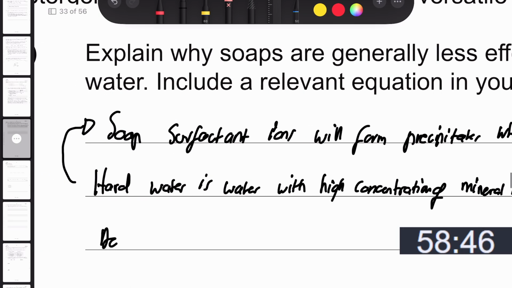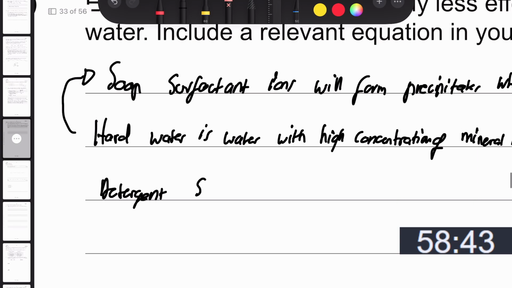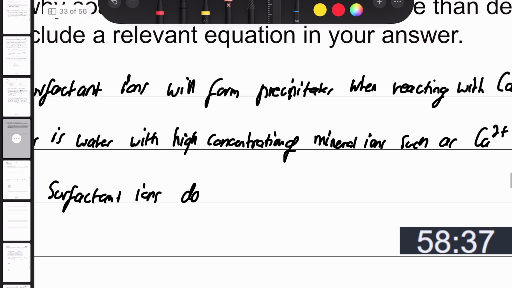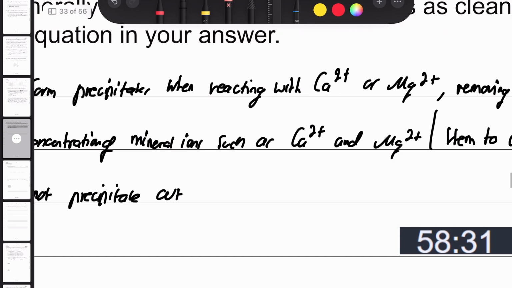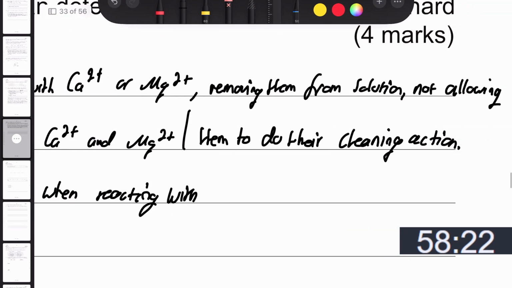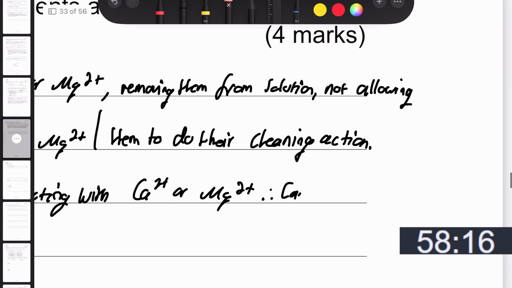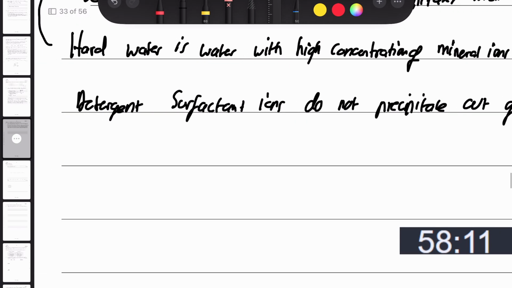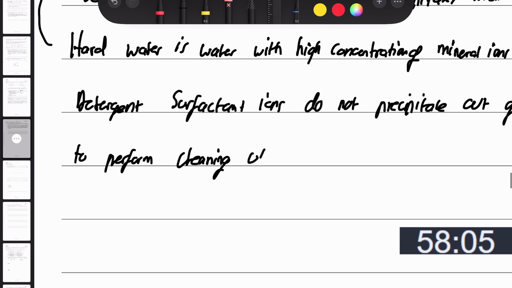Detergents, surfactant ions, do not precipitate out of solution when reacting with Ca2 plus or Mg2 plus, therefore can continue to perform cleaning action when soaps cannot.